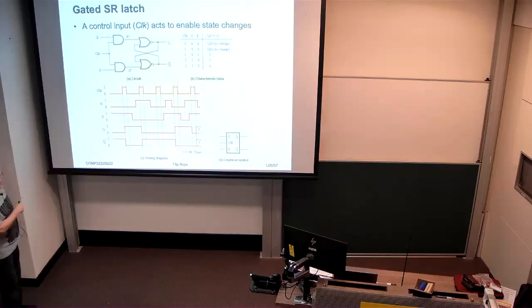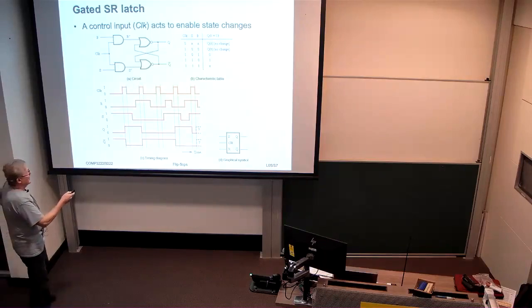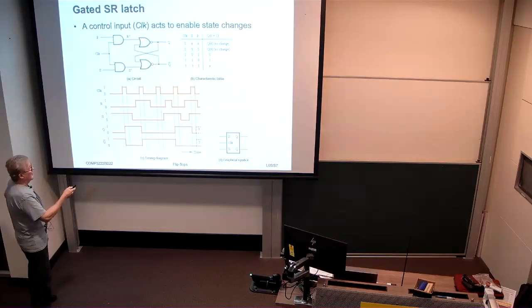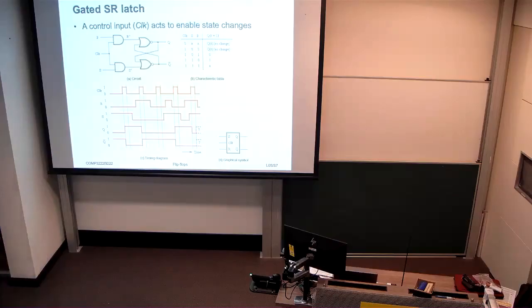Otherwise, both R dash and S dash are 0, and therefore the latch is preserving the present state. So when the clock is low, we're just going to be preserving the current state, but when the clock goes high, if R and S are both 0, we're still going to only have a 0 there, and therefore we're still going to be preserving the current state. And then depending upon whether it's the R or S input that's active, we'll have Q being set or reset.